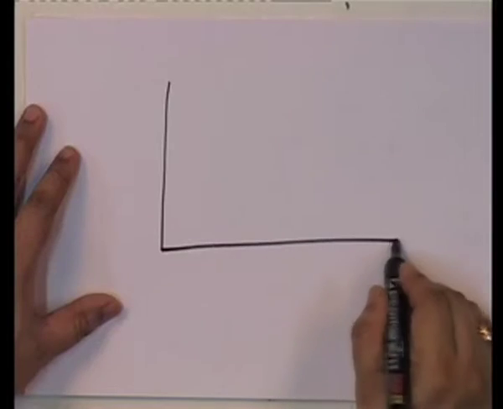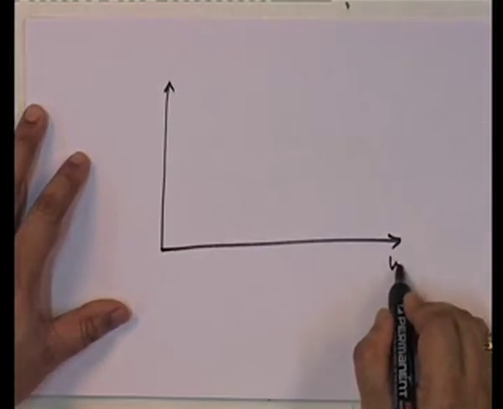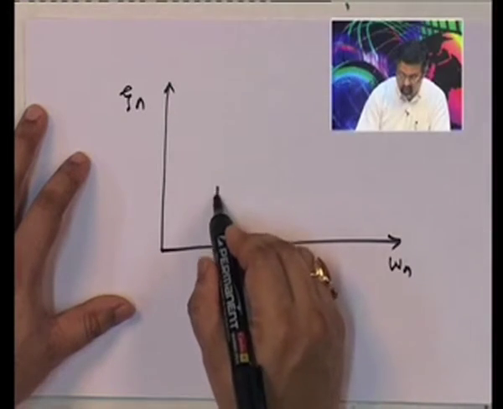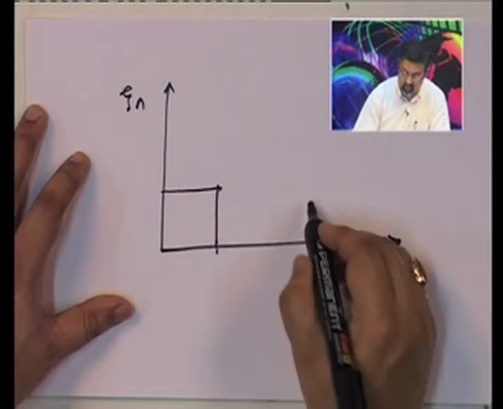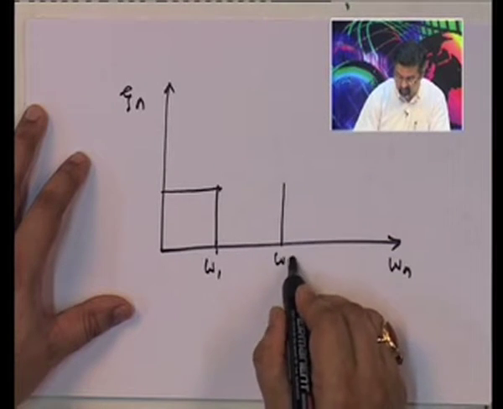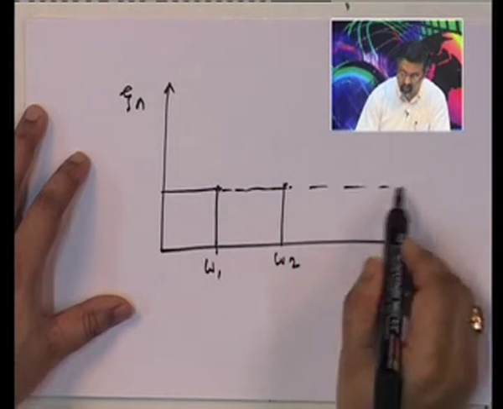When I draw this, omega n versus xi n, what have I done? I have fixed omega 1 and I have fixed omega 2. So, I have fixed these two. So, how does it actually go?